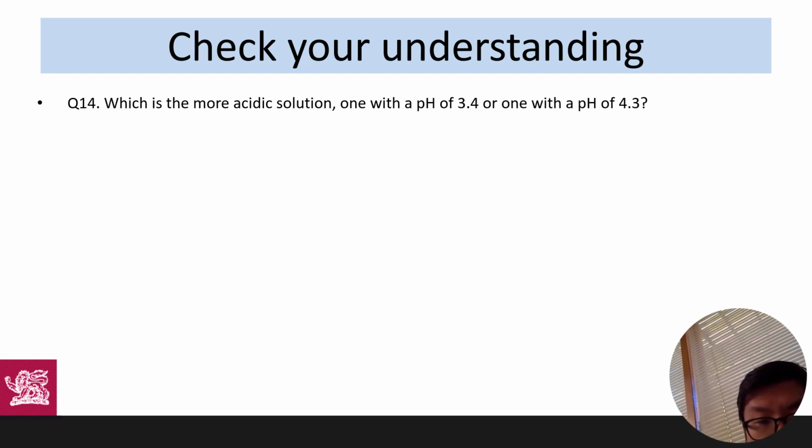So if you've got a substance that has a pH of 3.4 and 4.3 for the other solution, then the smaller value, the one closer to 0, is the one that is more acidic.